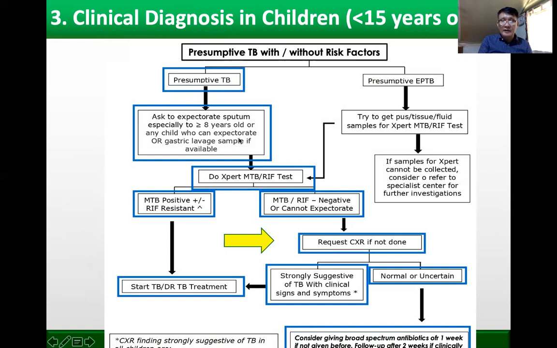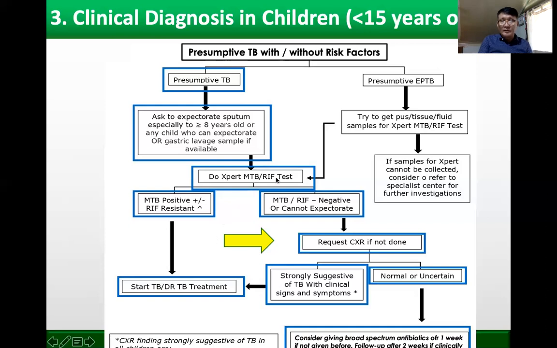When you obtain the sample, you do the Xpert MTB test. When your Xpert MTB test turns out to be positive, whether susceptible TB or MDR-TB, then you have to start TB or DR-TB treatment.